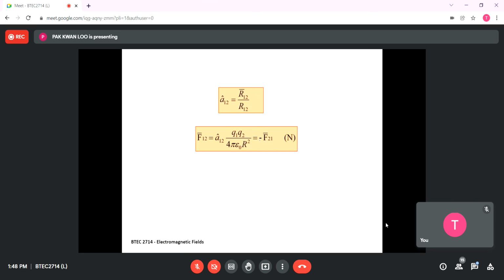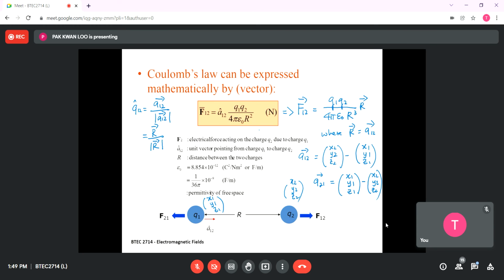This negative here is just the polarity, the inverse of this. If you look at A12 and A21, we can see from the direction that A12 is equal to the negative of A21.